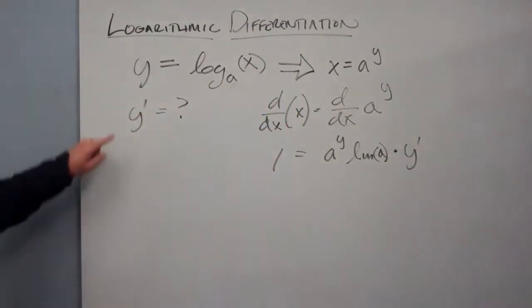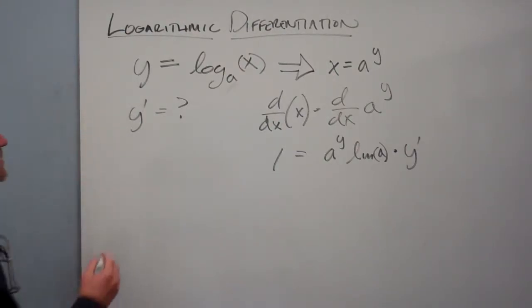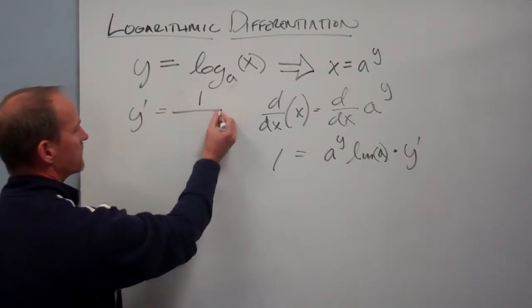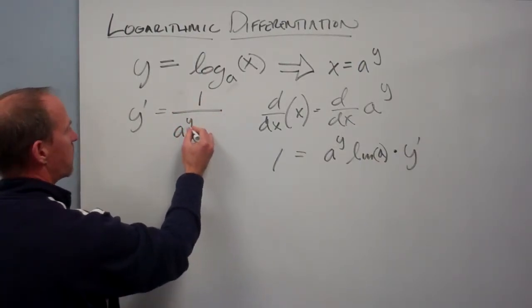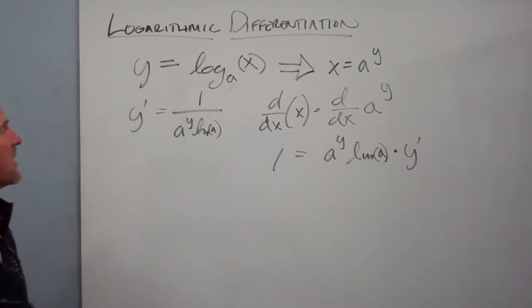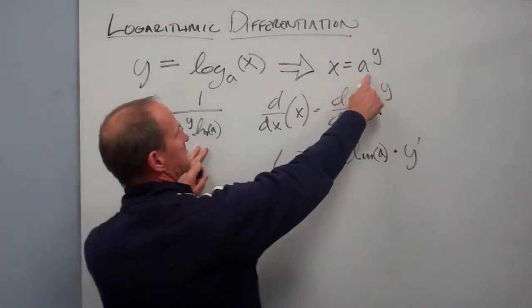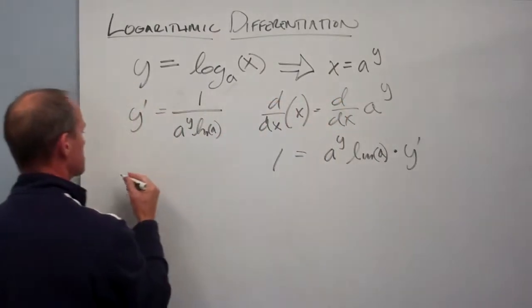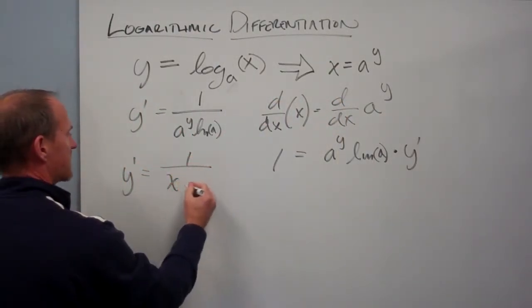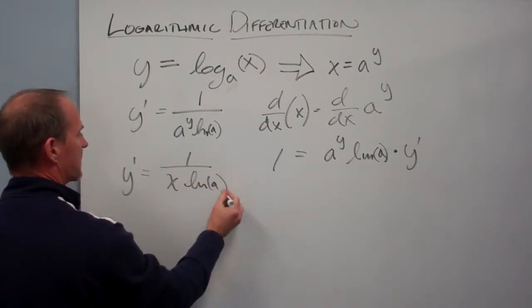Remember, our goal is to get y prime. So this is equal to 1 over a to the y ln of a. But remember, a to the y is just equal to x, so y prime is just equal to 1 over x ln of a.